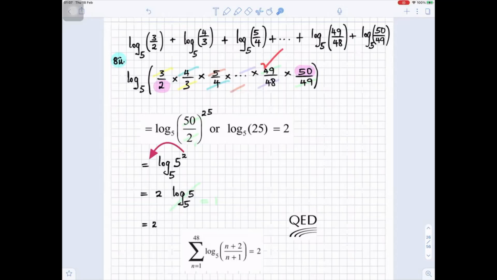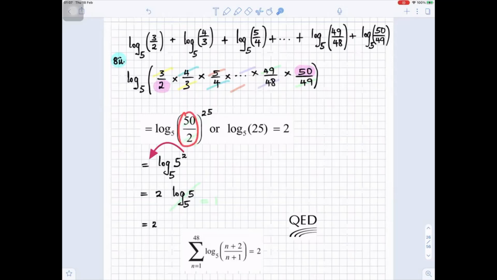This 49 will cancel with this 49. This 48 will cancel with the 48 there somewhere. So what you're left with is 2 and 50. The others would cancel each other out.